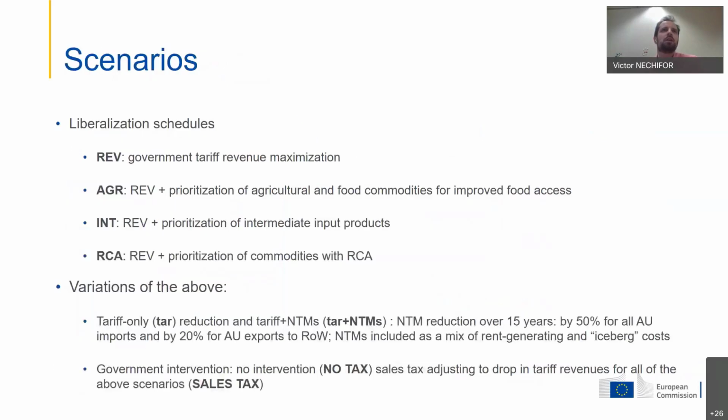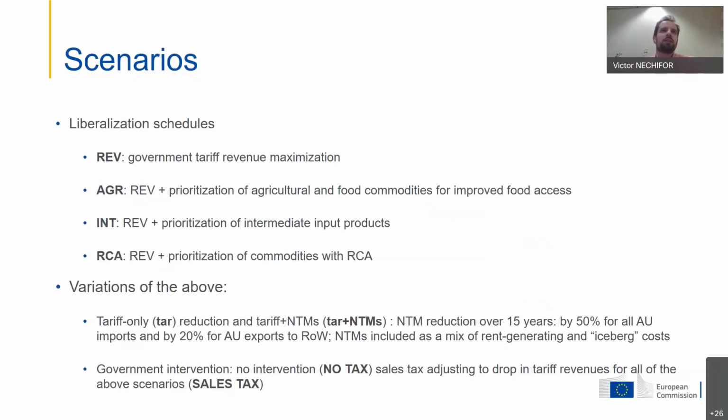The scenarios, again, are very similar to Antti's presentation. We're considering 4 different liberalization schedules. One of them is the government tariff revenue maximization, which is calculated a priori, so before these tariff reductions are actually implemented in the model.